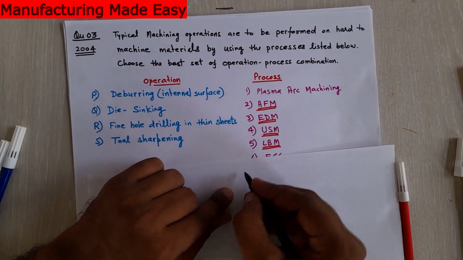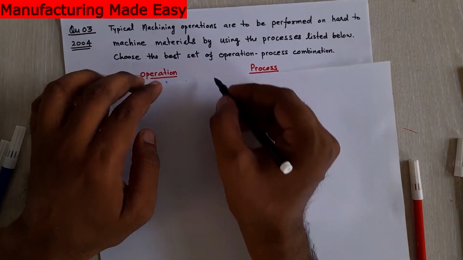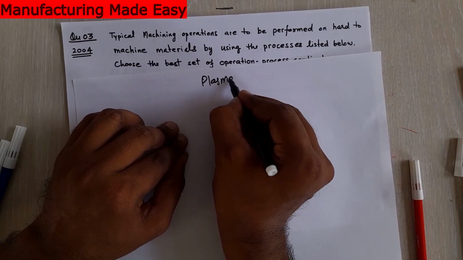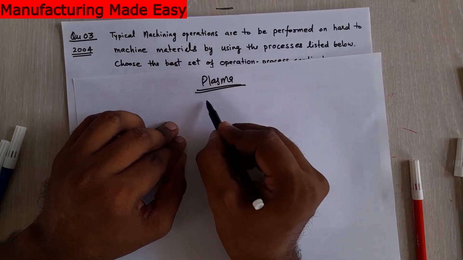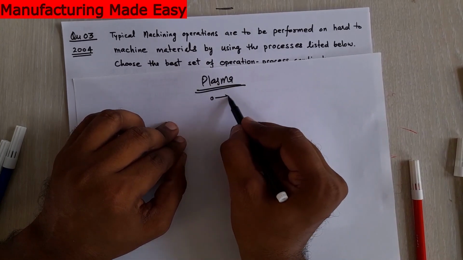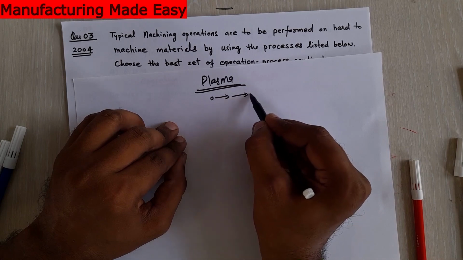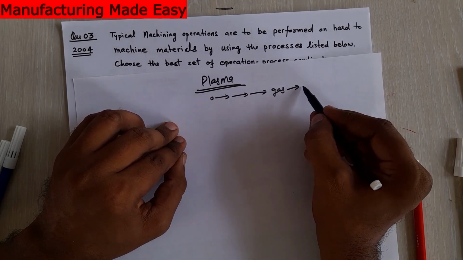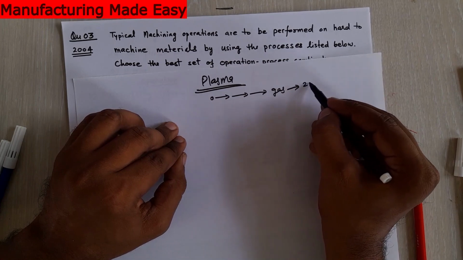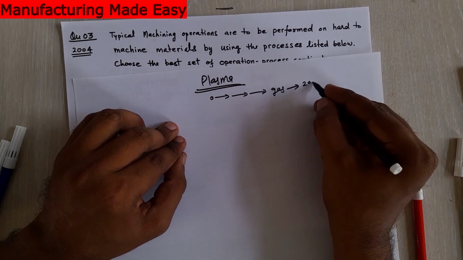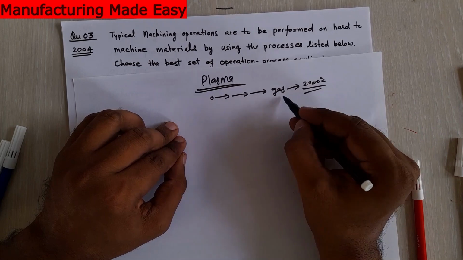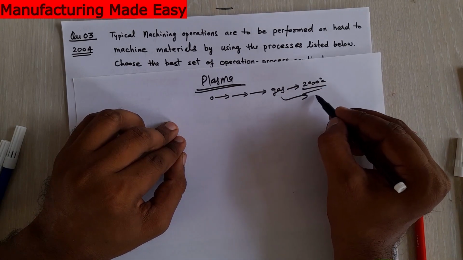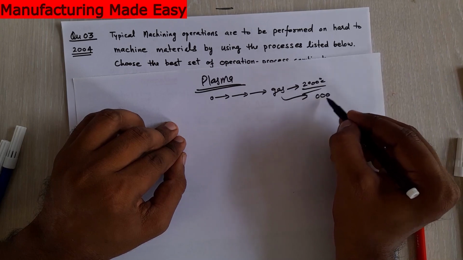So plasma. First you should know what plasma is. As we heat a solid, it becomes liquid. As we heat liquid, it becomes gas. As we heat the gas further, suppose to 2000 degrees centigrade, its molecules will dissociate into atoms.